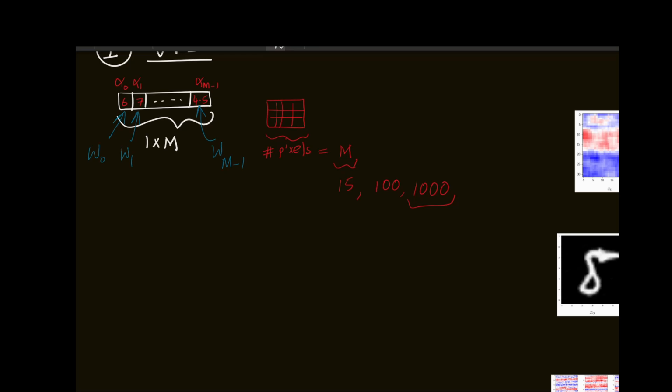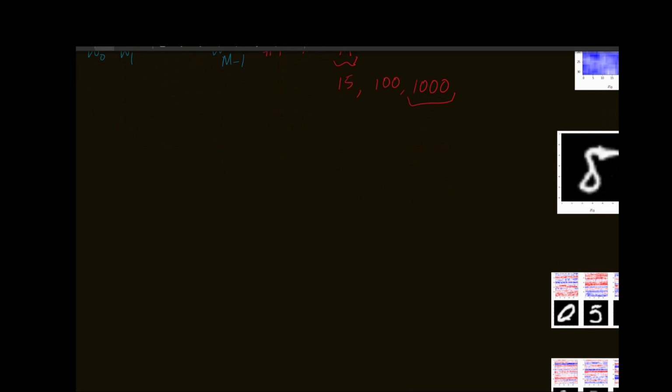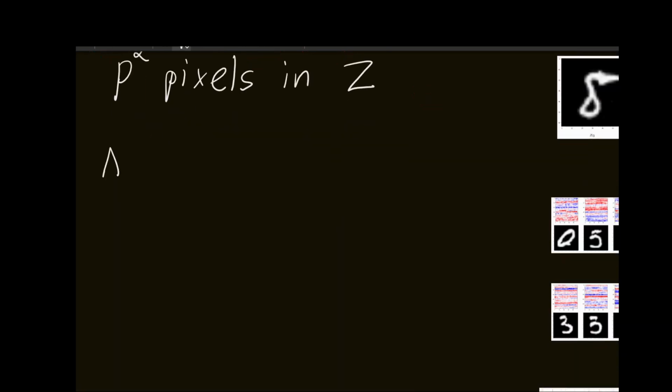To fix both of these problems, we assume that our transformed image Z has p squared pixels, and we allocate n sub i pixels to each feature alpha i.